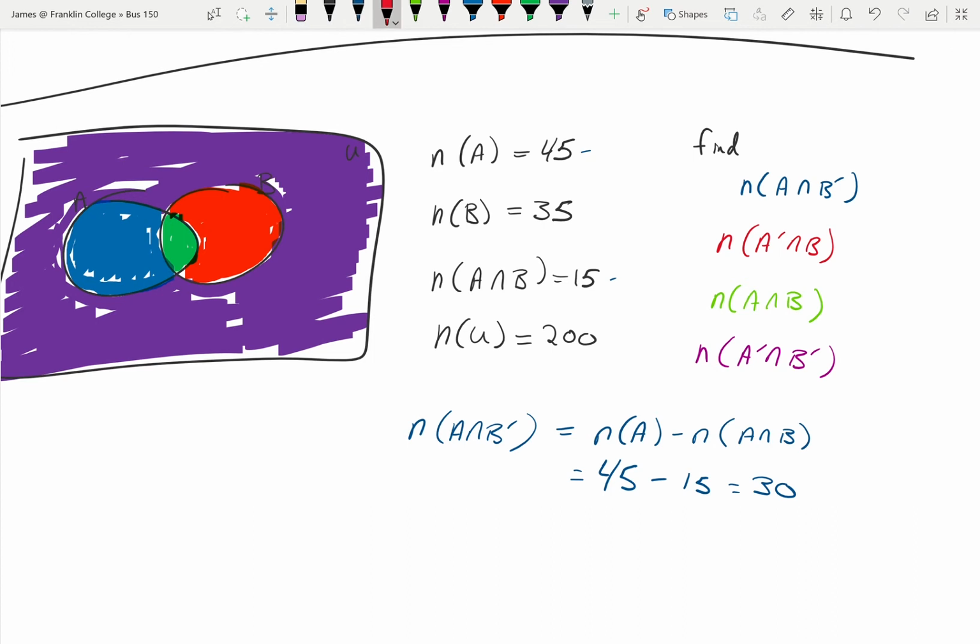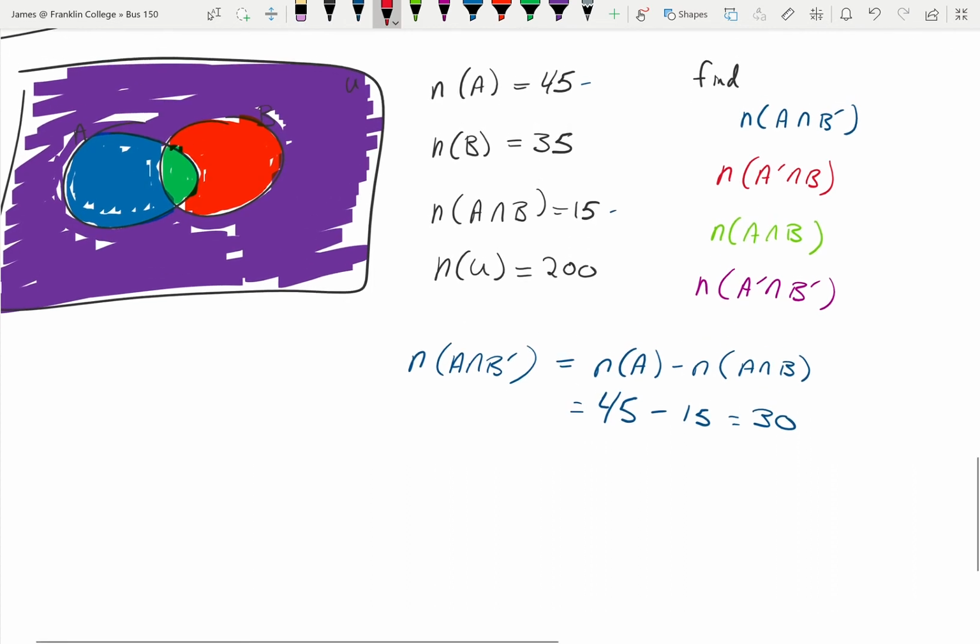All right, let's do the next one. The number of elements that's in A complement intersect B. Well, that's just going to be the number of elements that's in B minus the intersection region.